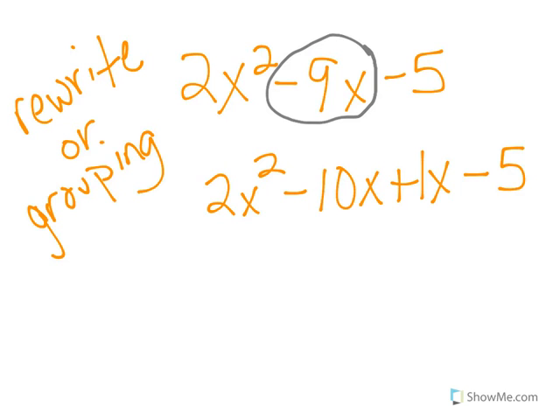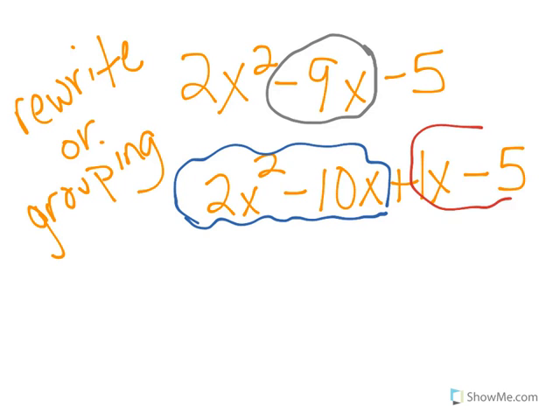So all I've done is rewrite the polynomial so it looks different, but it still has the same value. And I'm going to group these, and I'm going to factor out a common factor from these terms, and a common factor from these terms.